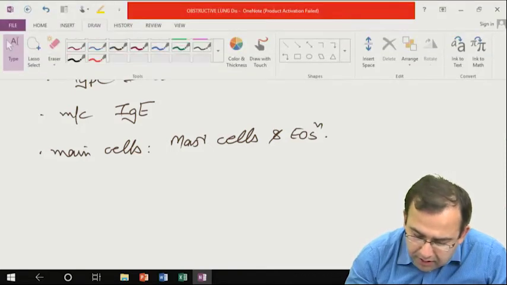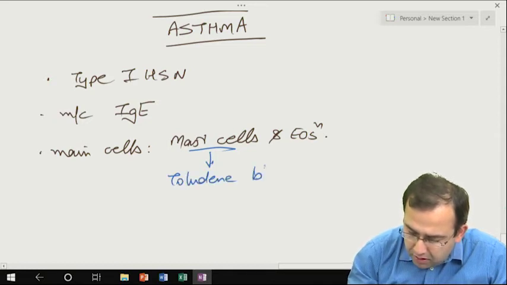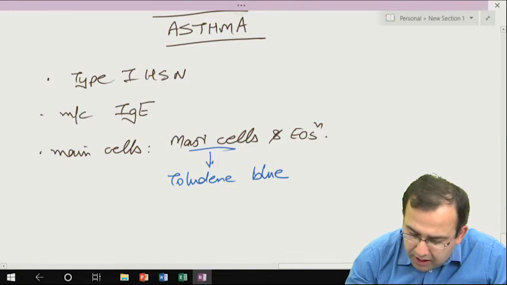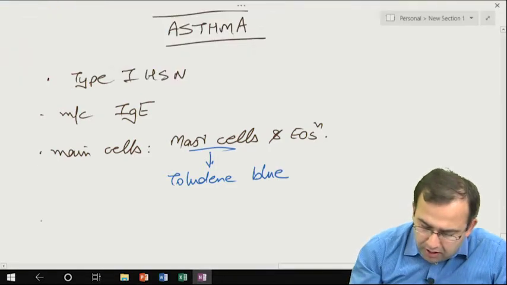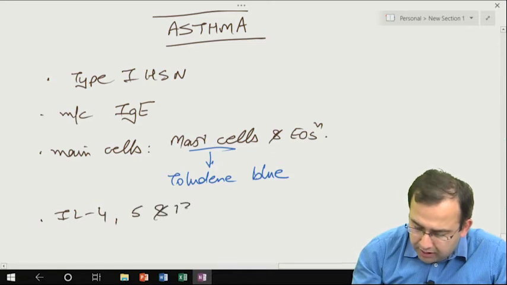Stain for mast cells, toluidine blue. Main cytokines associated: interleukin 4, 5, and 13.